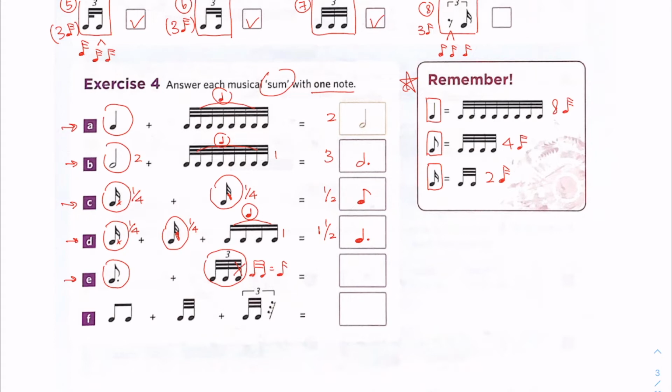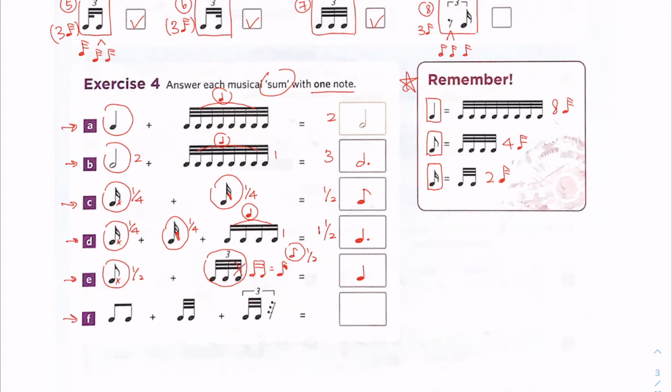And if you want to use the trick with the dot, you can cross out the dot here. Then you cross out one tail from this. So you end up having a quaver and a quaver. So that will be half and a half, which is a crotchet.